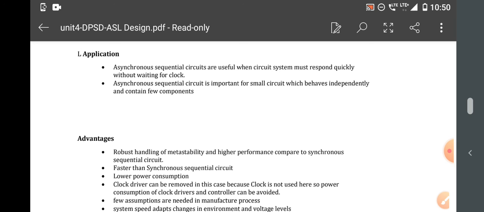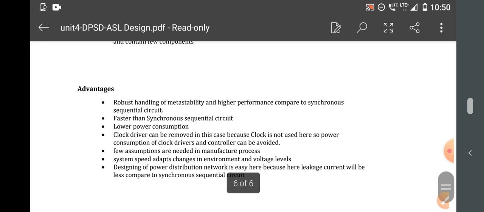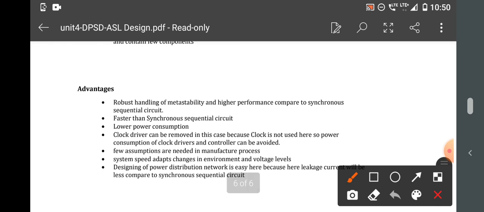As for applications, it is very much easier to do without any clock pulse, and definitely it is a smaller circuit than the synchronous sequential circuit, which means that it uses fewer components. Advantages and disadvantages have been given. Advantages: asynchronous circuits are very difficult to design, but they cost much less. They are faster and lower power.